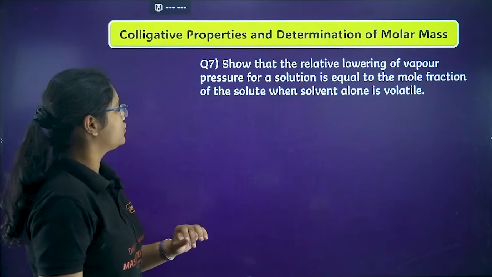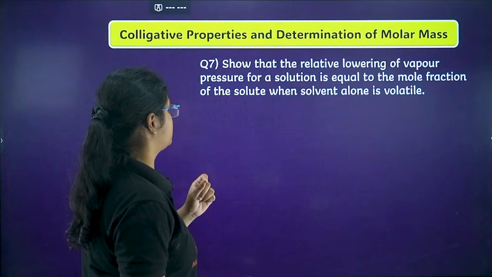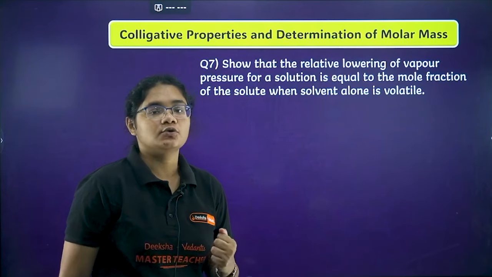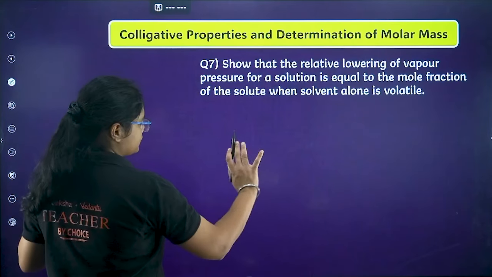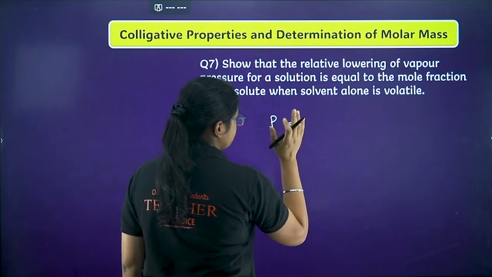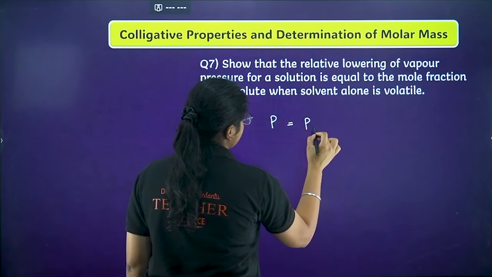Okay. Next, show that the relative lowering of vapor pressure of the solution is equal to the mole fraction of the solute when solvent alone is volatile. Okay, so see here, we have just calculated that the pressure when there is a non-volatile solute, the P total, is equal to PA.